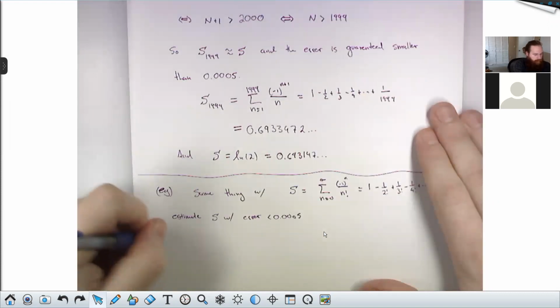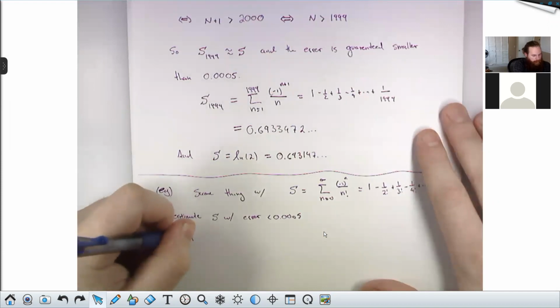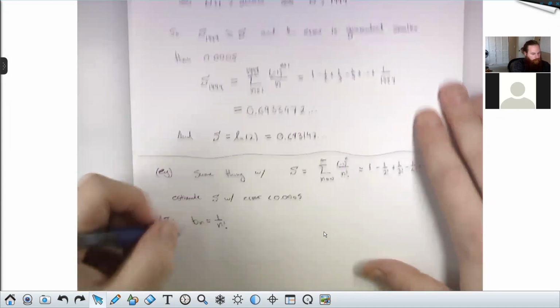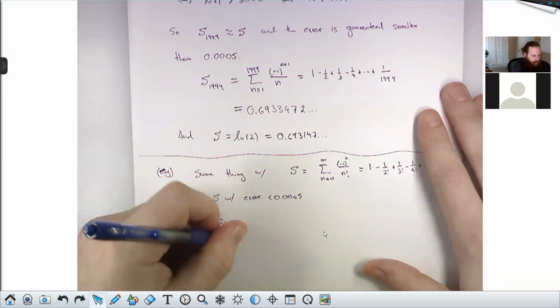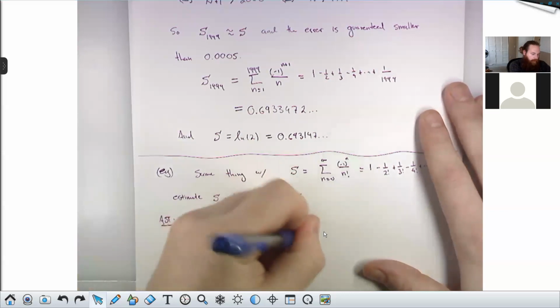First I run AST. Here Bn is equal to 1 over n factorial. Bn is decreasing because n factorial is increasing.